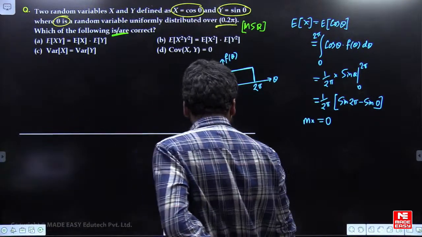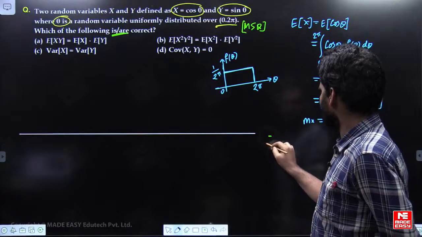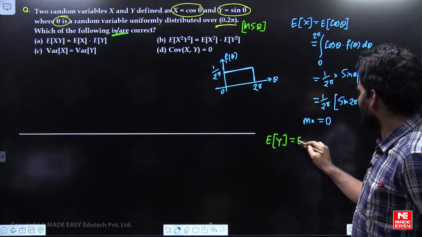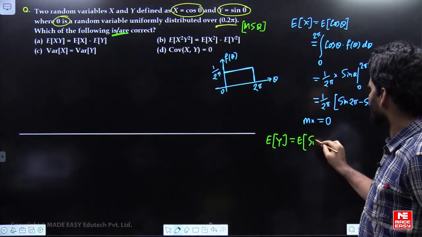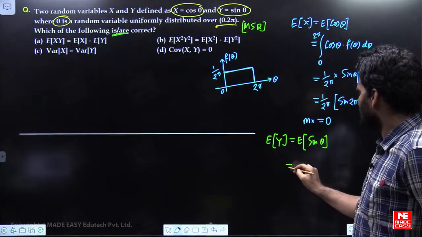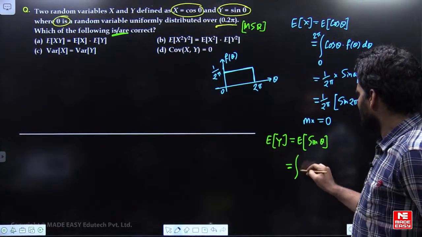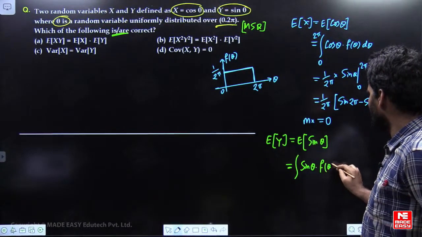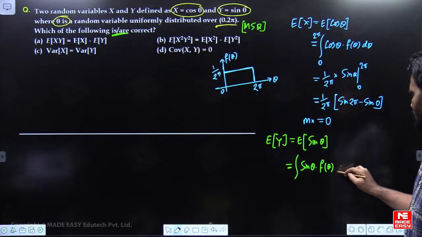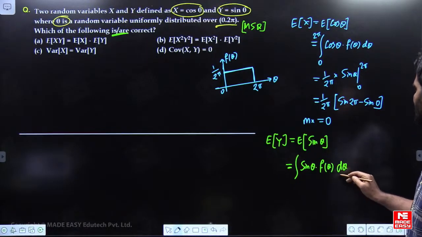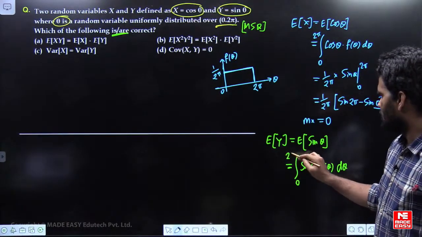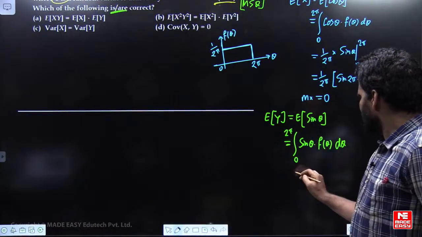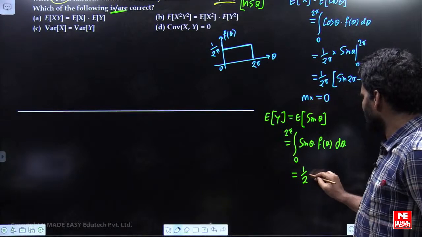And if you see expectation of y, expectation of y is what? Sin theta. Same thing. Integration, for which quantity you are finding expectation, same quantity multiplied with the density function. The random variable is theta, f of theta d theta. The range of values possible for theta is 0 to 2 pi. F of theta is 1 upon 2 pi.